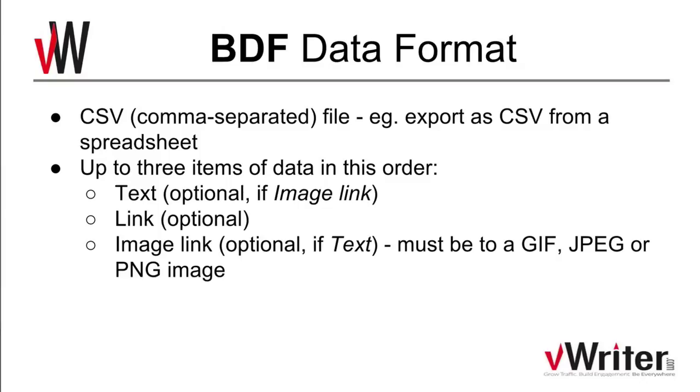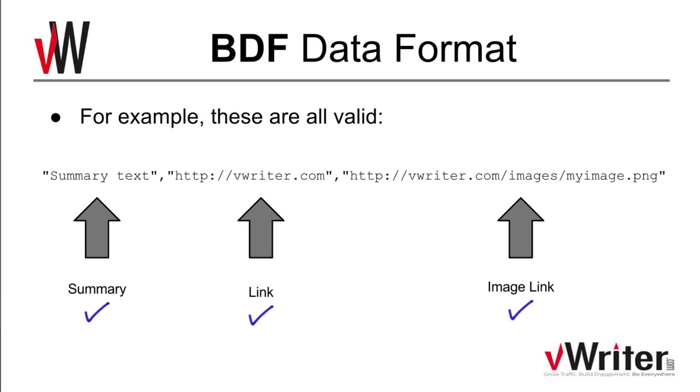It's not always about getting traffic. It's also about relationship building and community building as well. The image link, again, is optional, as I've said. That has to link to a GIF, a JPEG, or a PNG image, which are the most common formats. It's unlikely you'll have an image of a different format, but it's those 3 that work through the system.